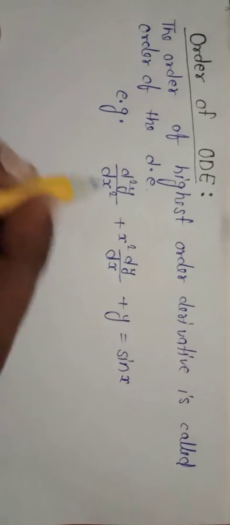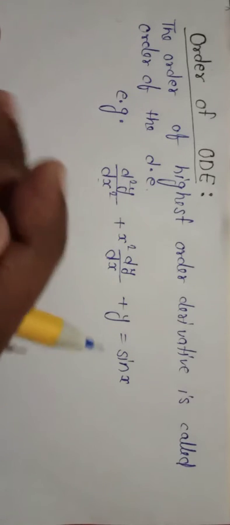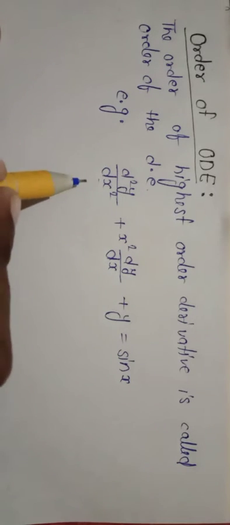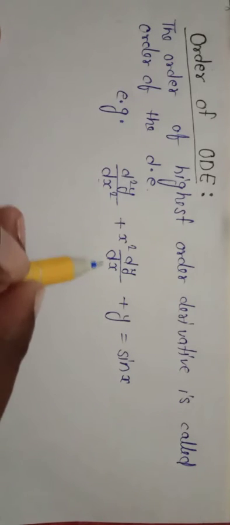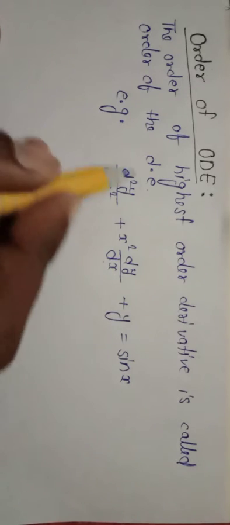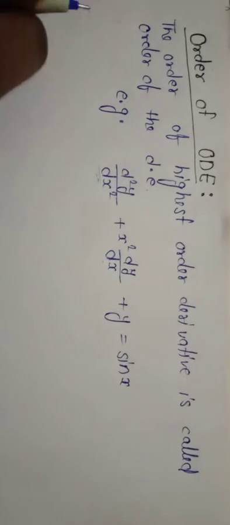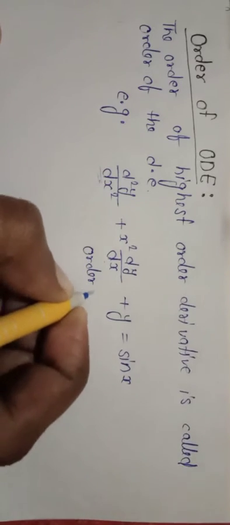So what is the order of this differential equation? How you can determine this? You just have to see which is the highest derivative in this case. This is first order derivative and this is second order derivative. In the whole differential equation, this is the highest order derivative. So the order for this differential equation is 2.